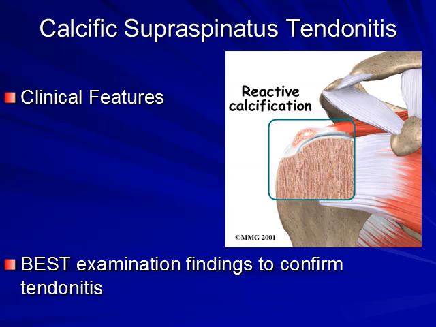What about other steps? Well, your MSTT. So your MSTT finding is probably going to be strong and painful for abduction and external rotation. Passive range of motion, classical.